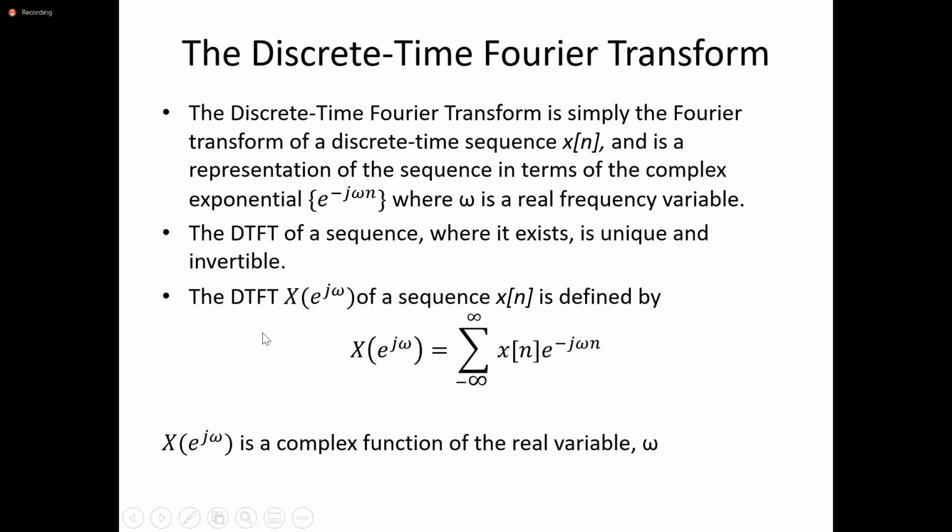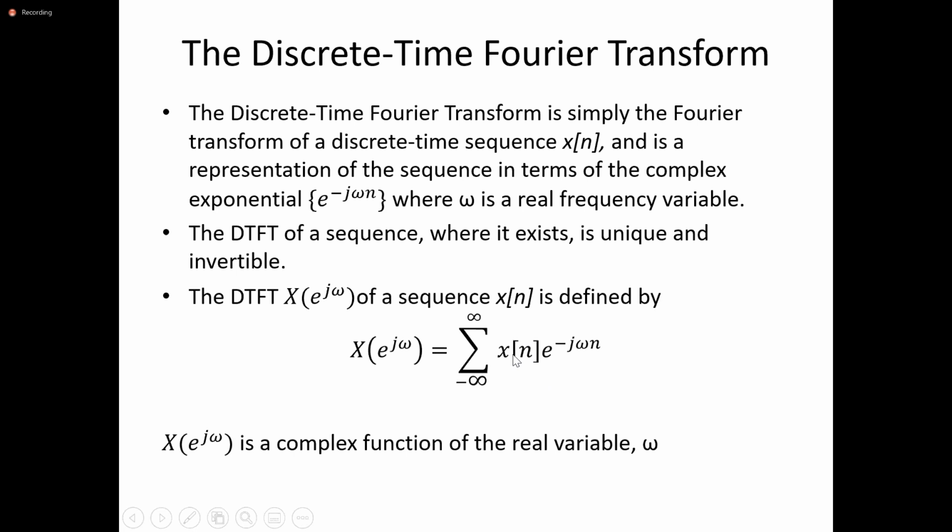So we come then to what is this transform? And here is the transform. In this case we don't get a sequence, we get a continuous function. Our transformed signal of a sequence x of n is defined by this. It is very simple.